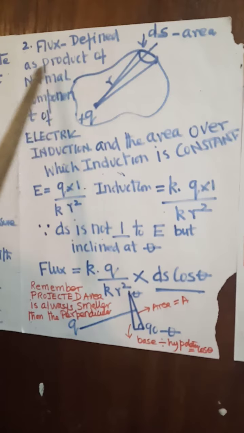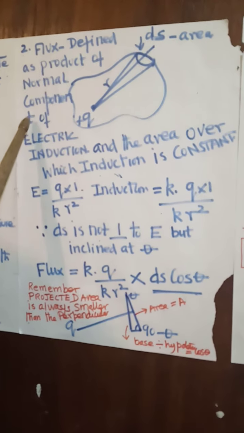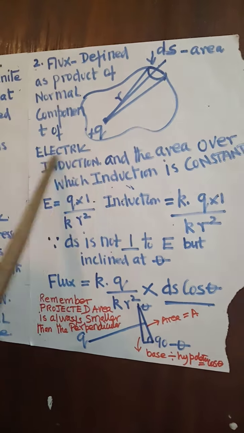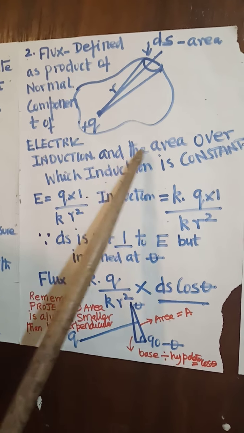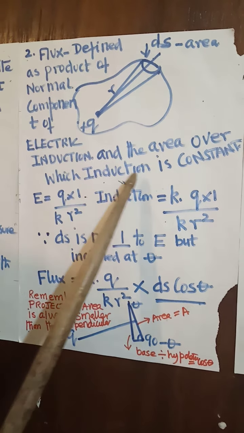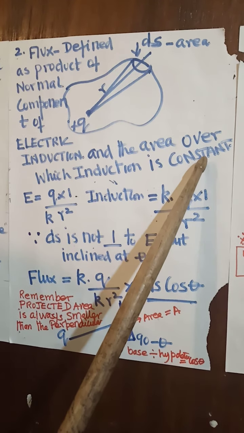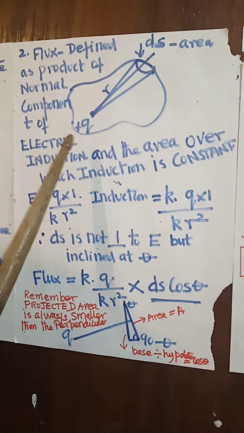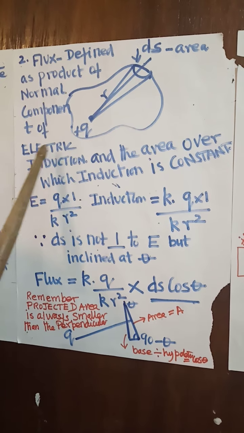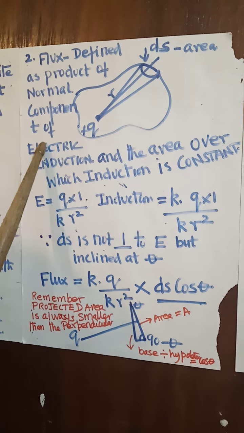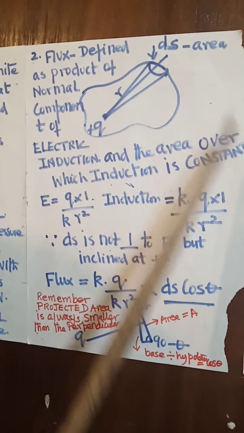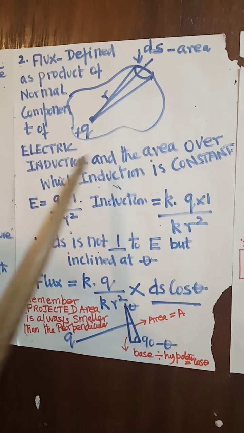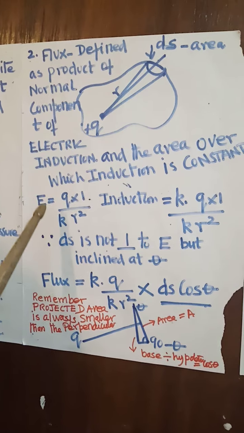It is the product of the normal component of the electric induction and the area over which induction is constant. That means E, electric induction, into the surface area. What is electric induction?